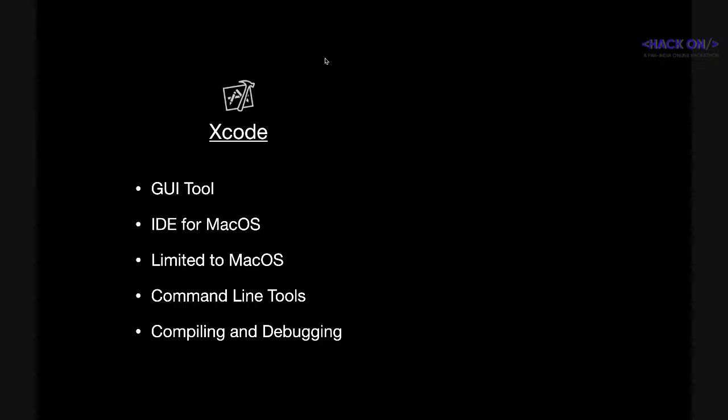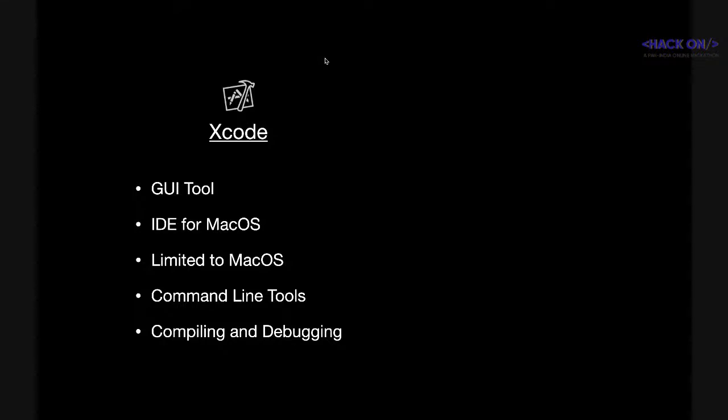Xcode is used to develop apps for iPhone, macOS, or any Apple platform like watchOS. It supports other languages like C and Objective-C, which are compiled through its Xcode command line tools. It is limited to Mac only. If you have macOS, then you can run Xcode. It is available on the Mac Store only.